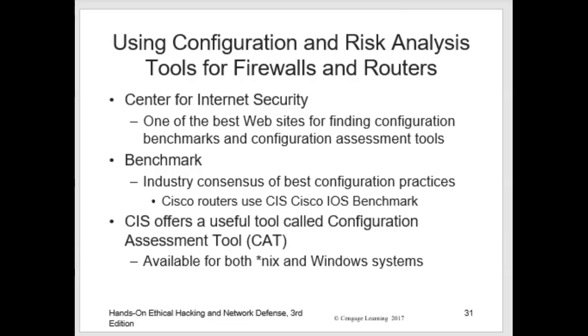A benchmark really is an industry consensus that this is the best configuration practice. It provides CIS step-by-step guidance and explains the reasons for taking the steps when securing a Cisco router. It's a fabulous capability, a commercial tool worth mentioning, so you'll want to stop by the CIS for benchmarks.